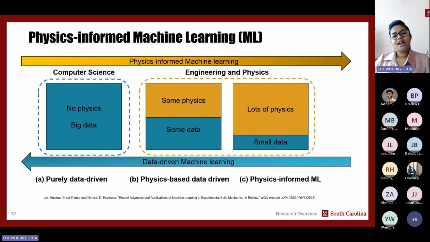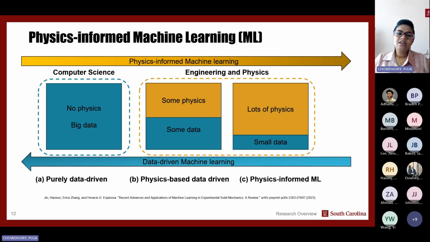Now, as research area 2 solves the cons of research area 1, we need to know how the combination of data-driven and rule-based models actually works. These slides show the transition from data-driven to physics-informed machine learning. The blue is considered the data-driven approach and the yellow is considered the physics-informed machine learning part.